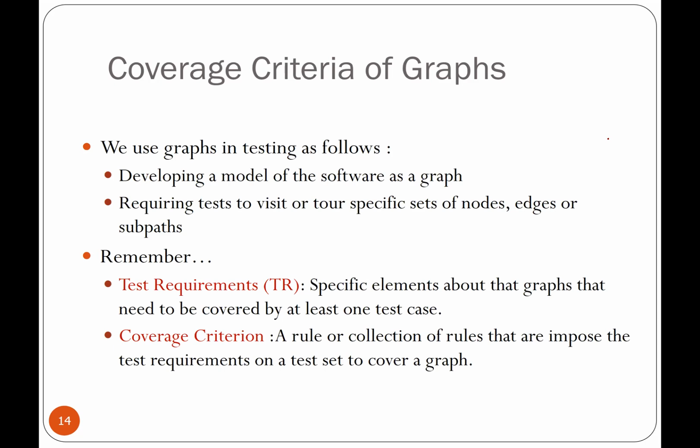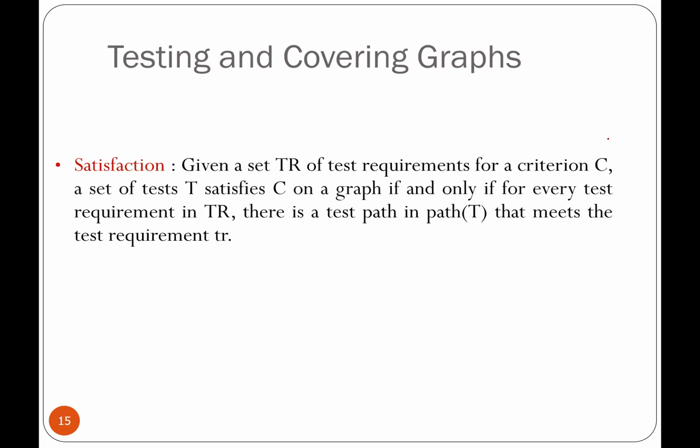If I've satisfied 5 out of 10 test requirements, that means that the set of test cases that I had, the path with a capital T in brackets, have achieved 50% satisfaction. We call it satisfaction. If the test cases have executed different paths in my code, in my graph, which have satisfied the entire set of test requirements, only then can I say I've achieved 100% coverage of my criterion.